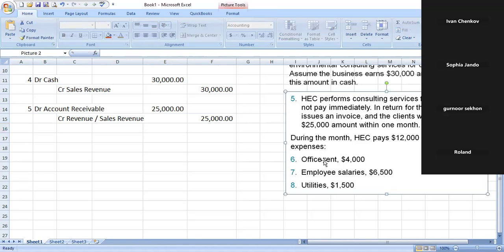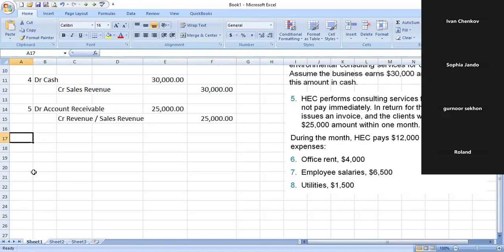Let's see the next transaction. During the month, in order to generate this revenue, we have to have some expenses, correct? So let's start. First, we paid office rent, correct?